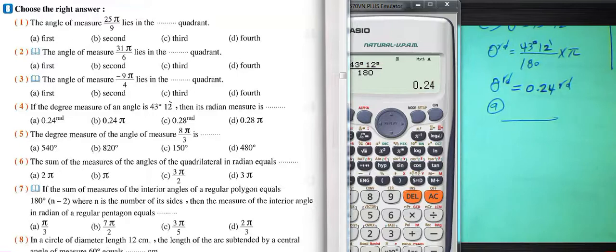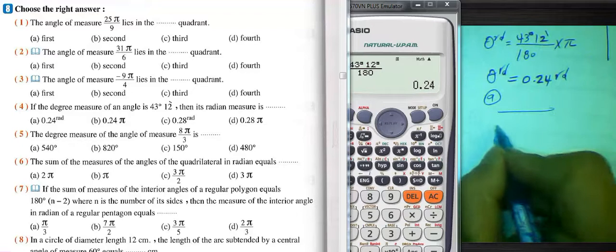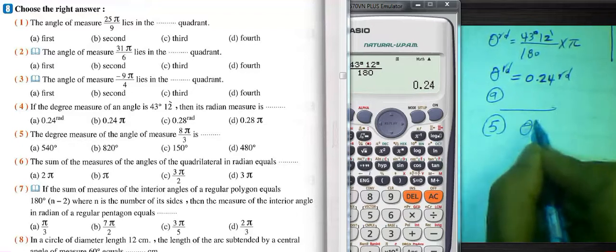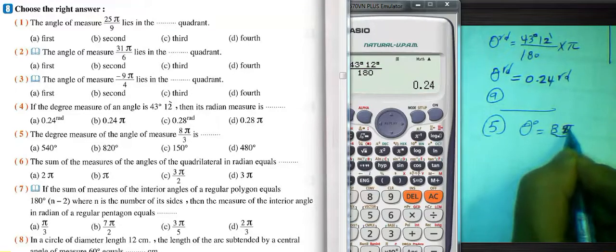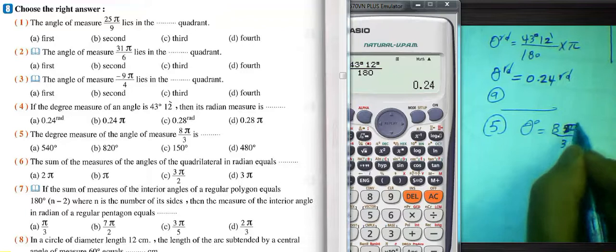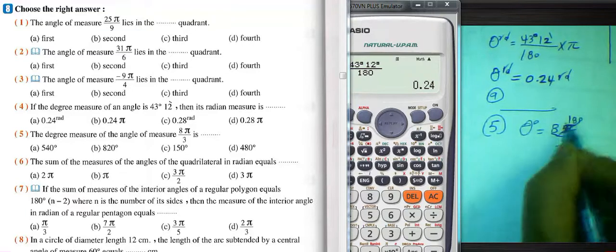Number 5, the degree measure of the angle 8 pi over 3. Pi over 3, we can find the result. Pi will be 180 divided by 3 equals 60.